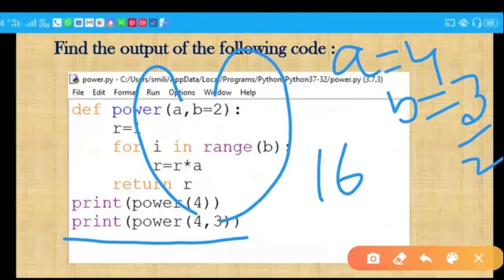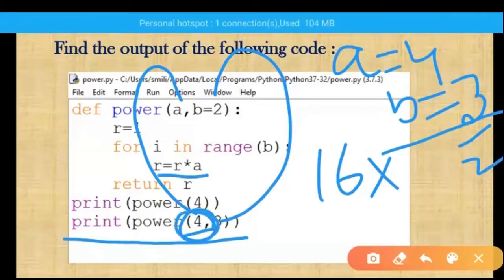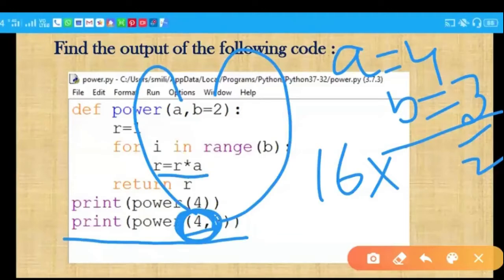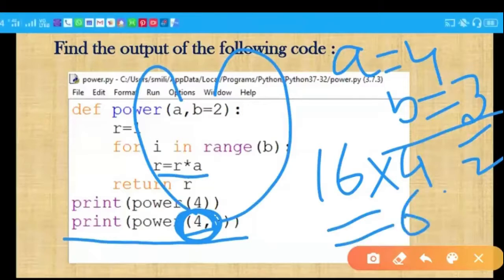But now b is 3. Since b is 3, one more time it will be multiplied with the value of a, which is still 4. So again 16 will be multiplied by 4 and we are going to get the answer 64.